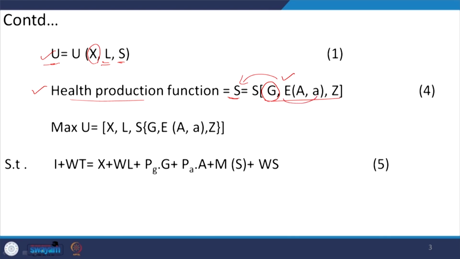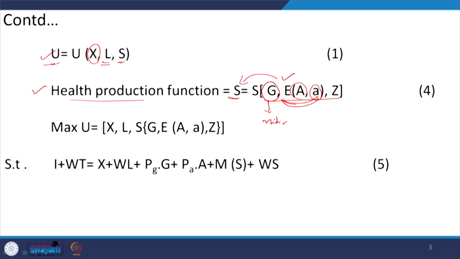To express this exposure, we have taken into account two other variables, one is A and the second one is alpha. So, what is this A? This is the averting expenditure, right.